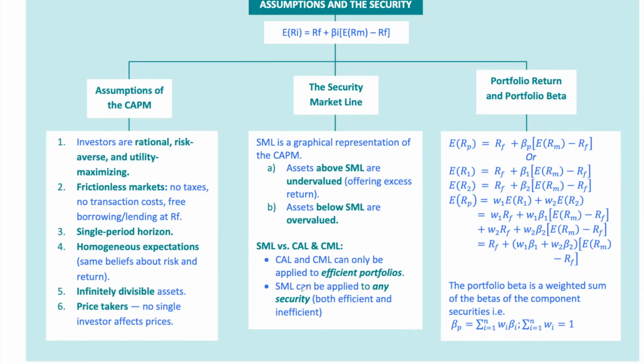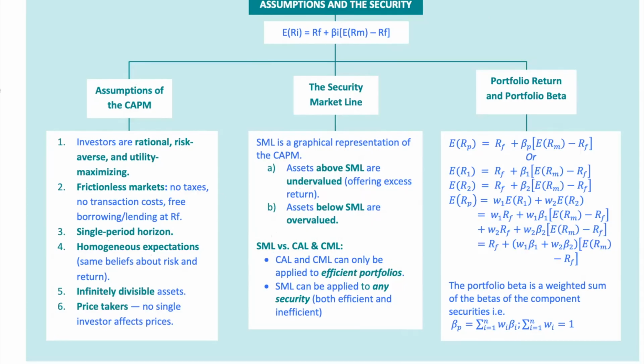So remember this line for your exam. CML uses total risk. SML uses systematic risk. They look similar on paper, but they tell different stories. If you ever see individual security in a question, it's SML. If it's efficient portfolio, it's CML. That's the kind of small detail that earns you easy marks.